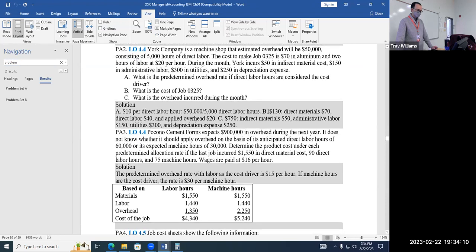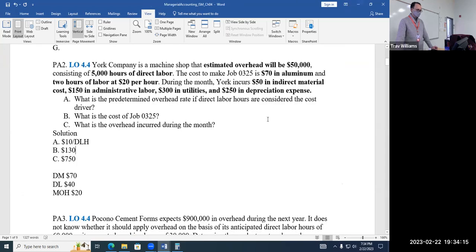Okay, yep, $130. Does that make sense to everybody? So with overhead, you first get your rate, which is estimated overhead divided by your estimated activity.